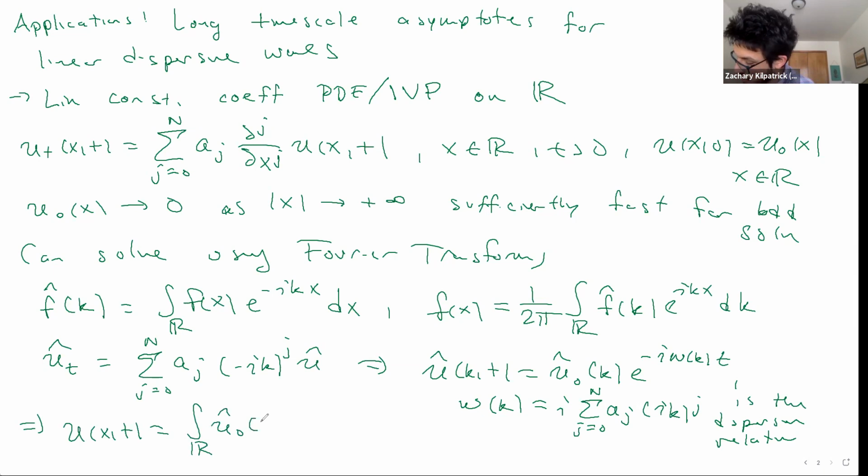the integral of u sub 0 hat of k e to the i (kx minus omega of k t) dk. So what we have now is a Fourier type integral. This is assumed to be something that we know.